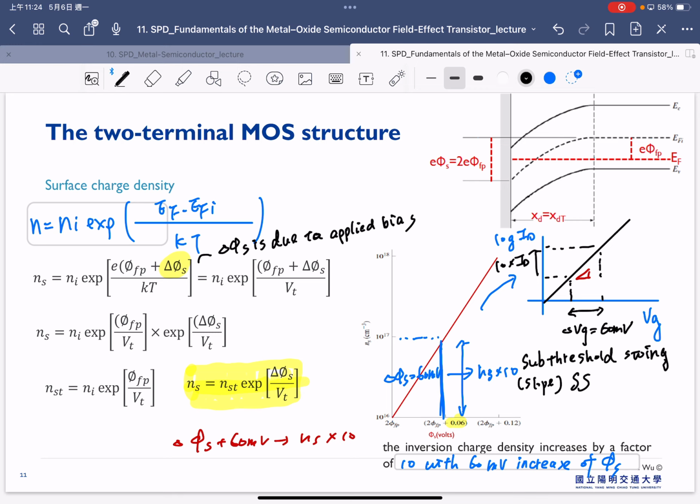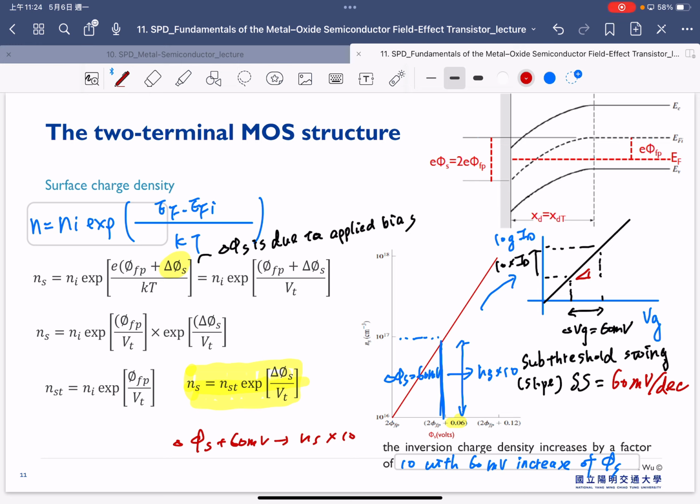So that means the limitation, the ideal voltage you apply to turn on our transistor to have a high current, the most ideal case we can only achieve is 60 millivolt per decade.